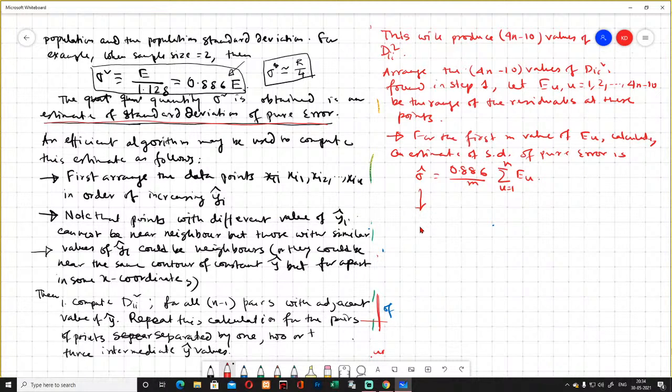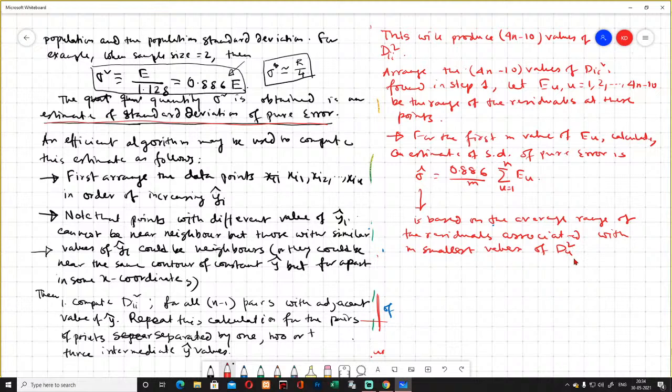Note that sigma hat is based on the average range of the residuals associated with the m smallest values of du square. m must be chosen after inspecting the values of du squared.